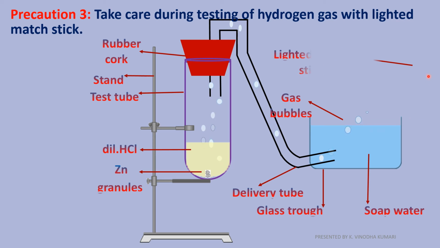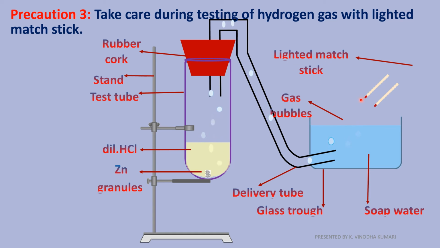Now we'll bring the burning matchstick near the gas bubbles and see what happens. See, it puts off the flame, making a pop sound. That means the gas which puts off the flame by making a pop sound is hydrogen gas. So the gas which is coming out from the trough is hydrogen gas.